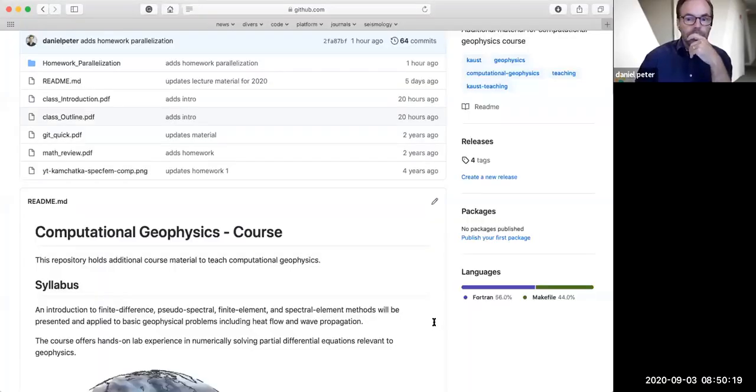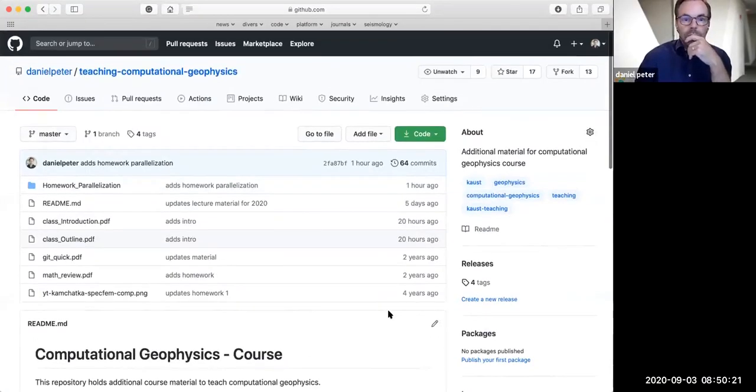Should be this one. Good. So on GitHub, try to do what I wrote you yesterday in the email. I will put all the material, all the homeworks, into this repository on GitHub.